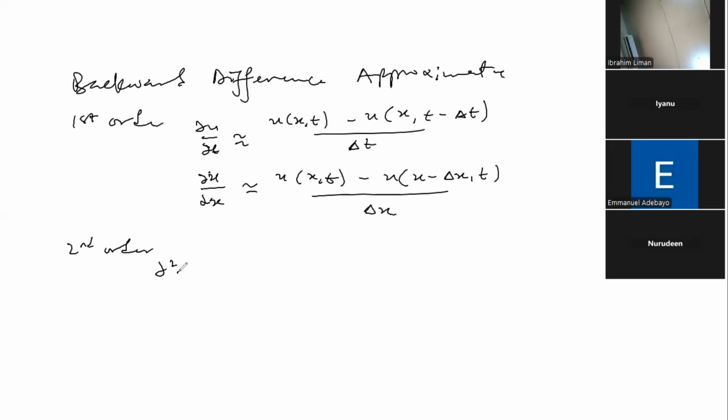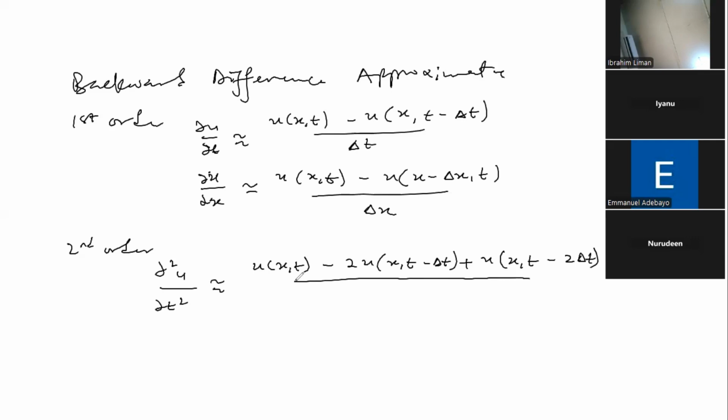So we have d squared u by dt squared is approximately u(x,t) minus 2u(x, t minus dt) plus u(x, t minus 2dt), over dt squared.